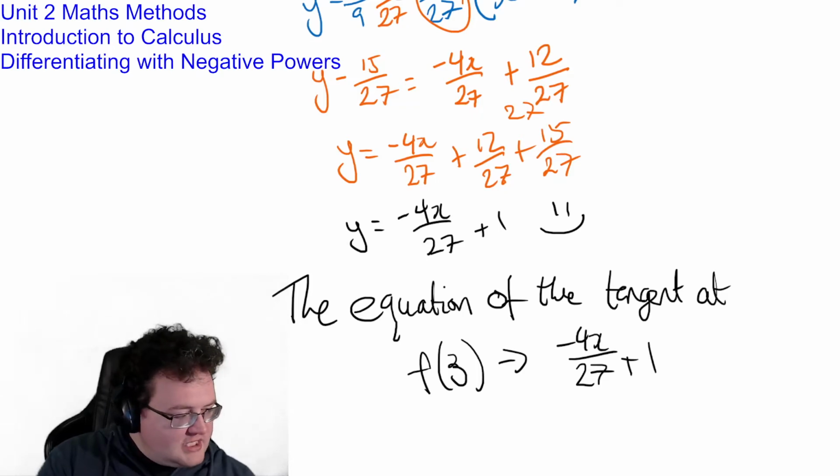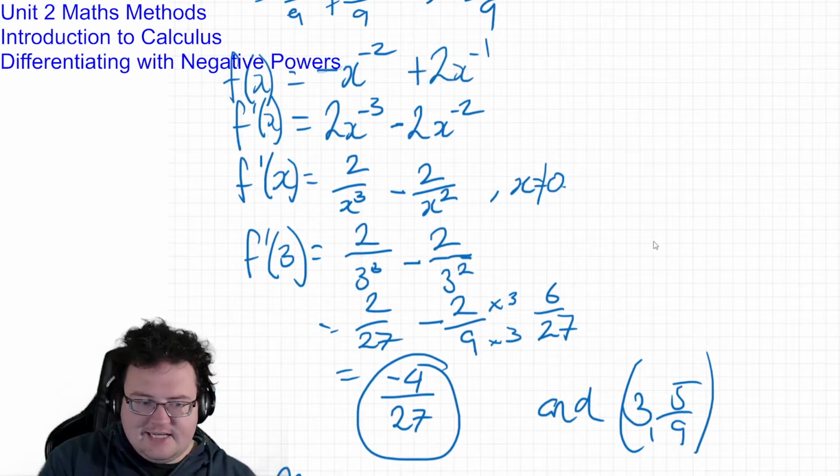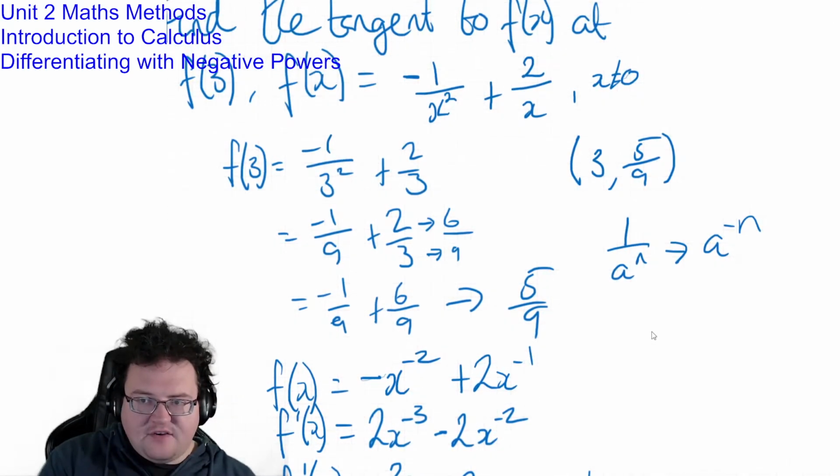And remember, your CAS can help you with this. Why did we sub in 3? The reason why we had to sub in 3 is because we needed the gradient at 3.